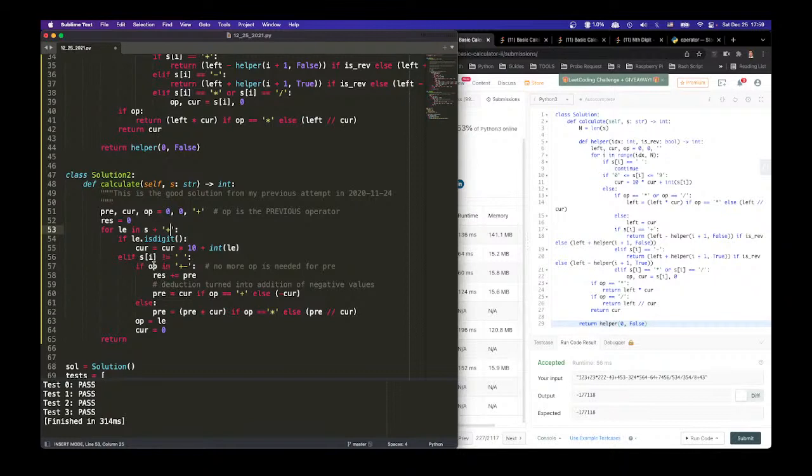Operator. Now the current value is plus. So we hit here, and whatever operator we have, if it's not this sign, it's just going to be this, and the operator can be a plus sign. Current is this. Going back up, we got nothing. No more. So in that case, pre is the thing that's not being done, and shouldn't we return res plus pre?